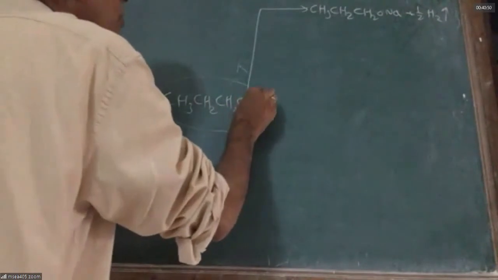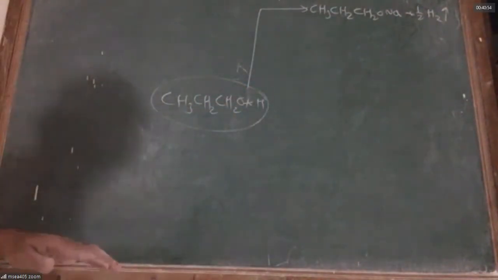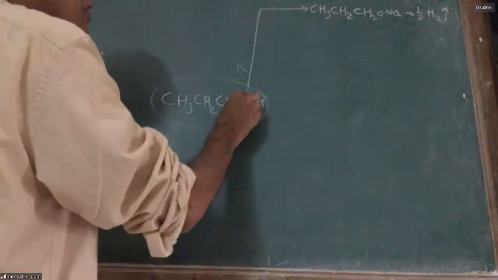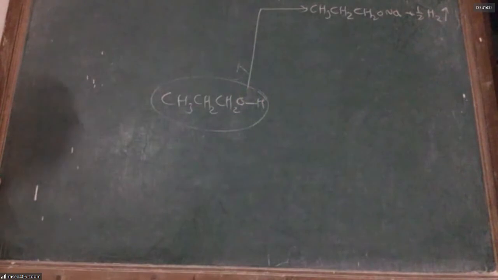In this reaction, the OH bond is breaking. It means this reaction is showing acidic nature of alcohol. Whenever the OH bond in alcohol breaks, it is said to be showing acidic behavior. Are we clear, sir?